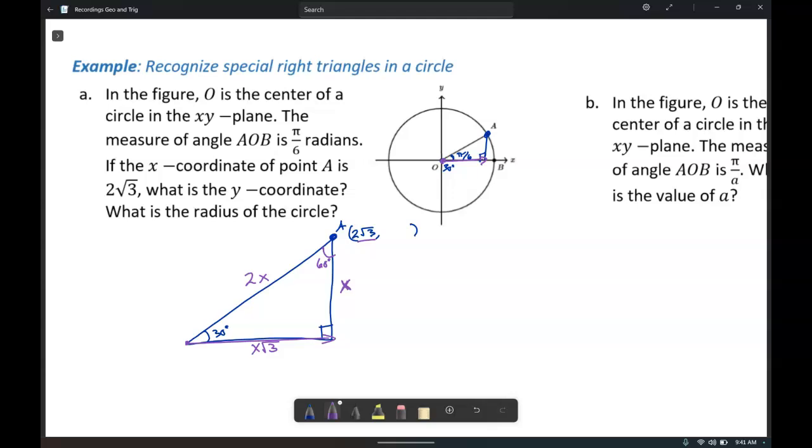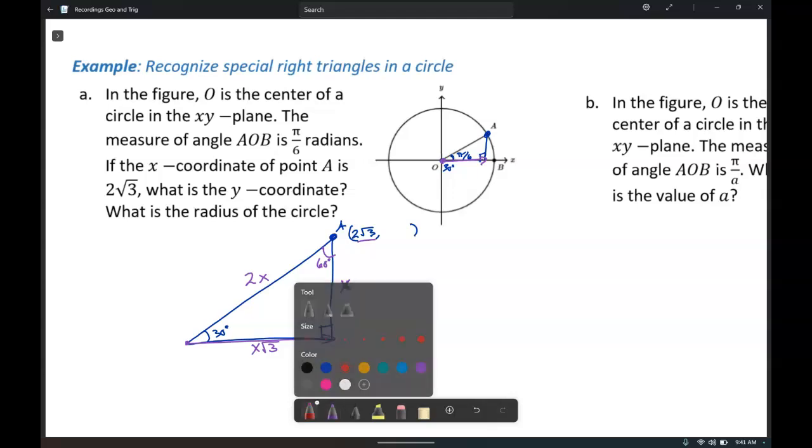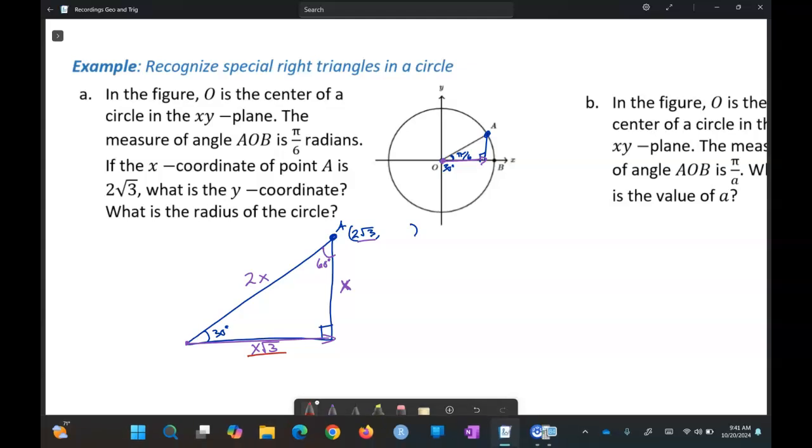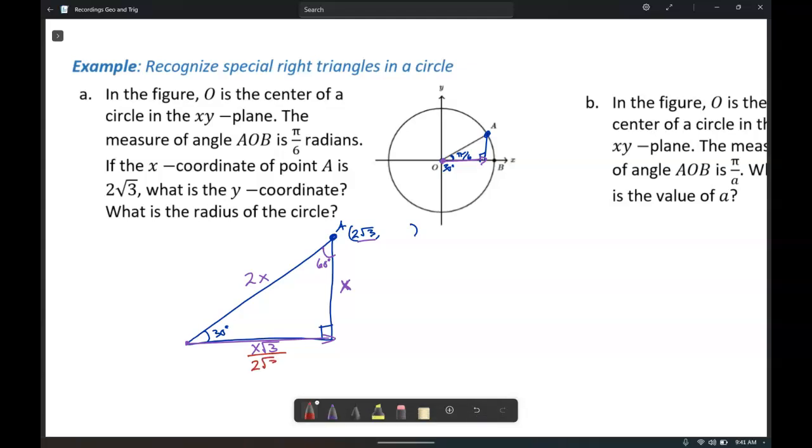And so if the x coordinate is 2 square root of 3, and we compare it to our formula here, 2 square root of 3, we know that x has to equal 2. And so they're asking for the y coordinate. Well, the y coordinate is the distance up from the x-axis to the point. So if this leg measures 2 root 3, and the other leg measures 2, we know that the y coordinate has to equal 2.